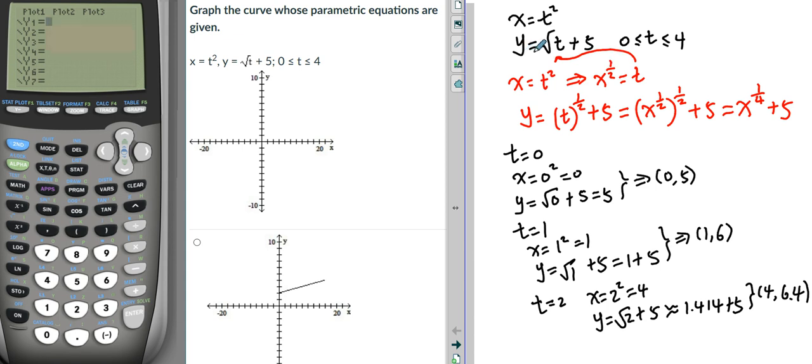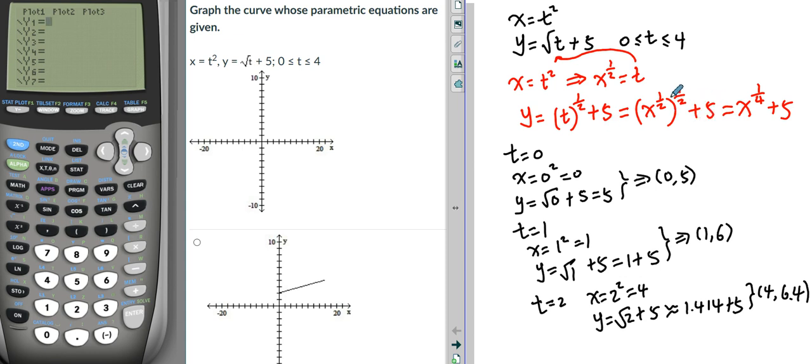We know y equals radical t, which is t to the 1/2, plus 5. You replace this t with x to the 1/2. You have x to the 1/2 to the 1/2, then plus 5.